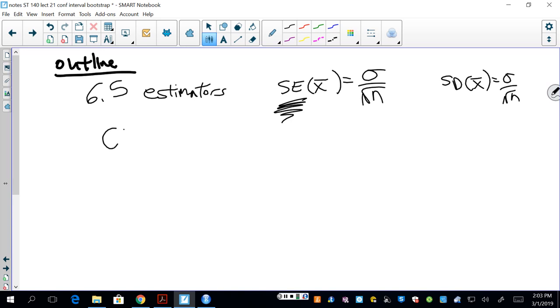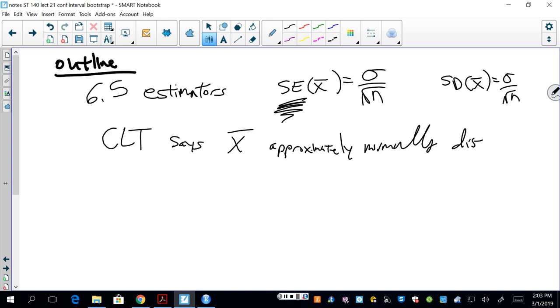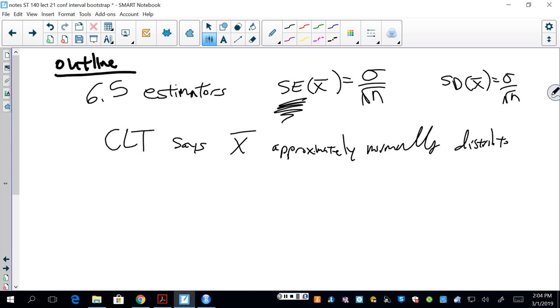The central limit theorem says that x bar should be approximately normally distributed. And so this normal was why we were using, say for 95%, z as 1.96, because plus or minus 1.96 cuts off 95%.